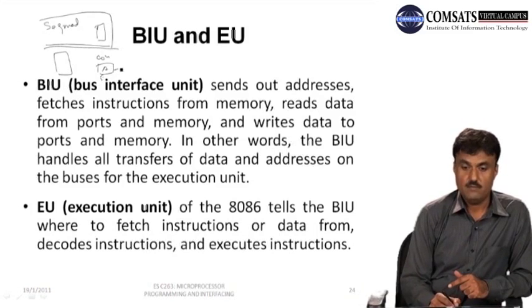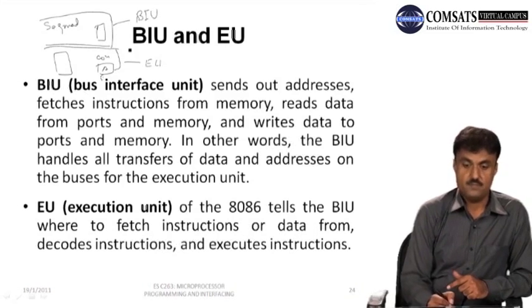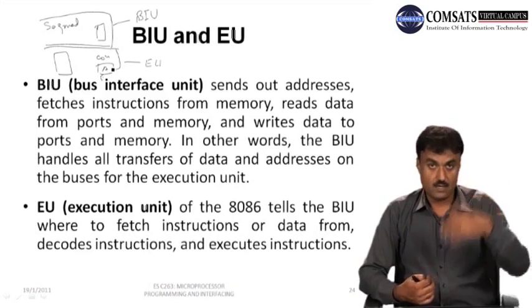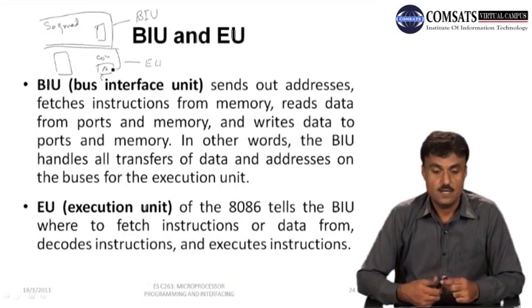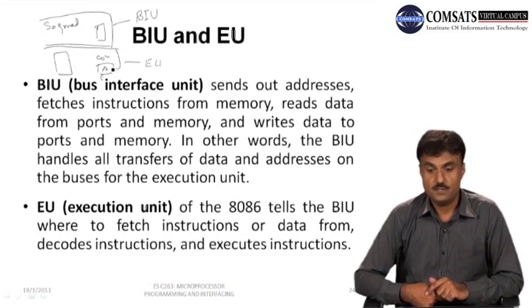This lower part is called the execution unit, and the upper part, from the architecture that you saw in the previous slide for the 8086, is called the bus interface unit.